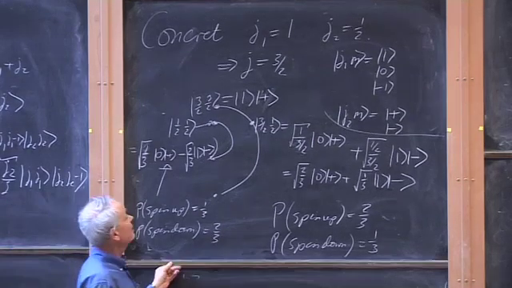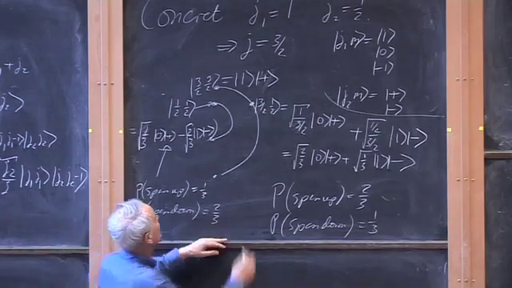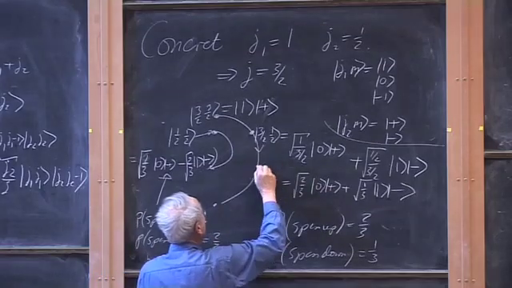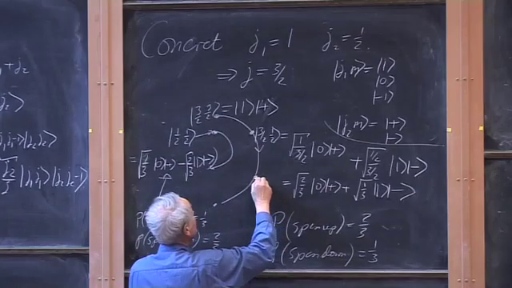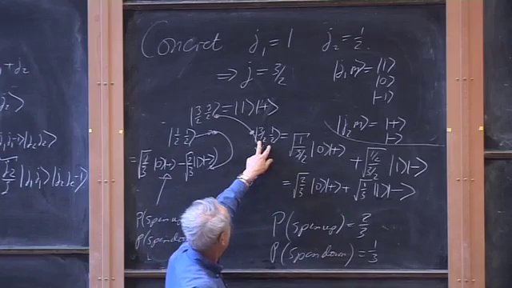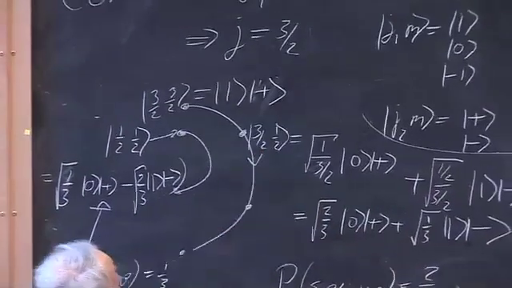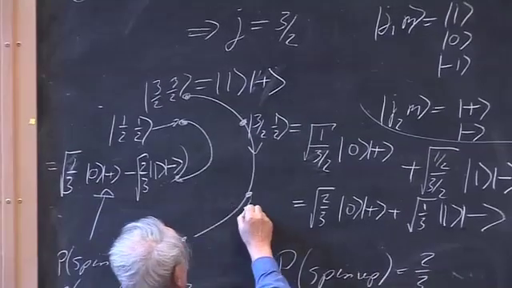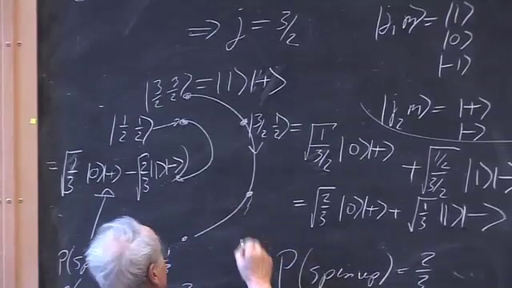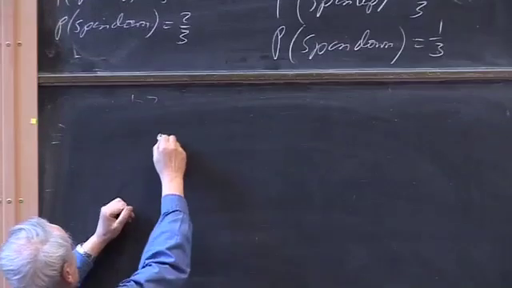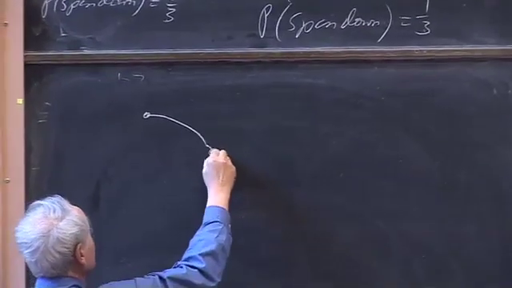It's an interesting exercise to apply the J minus operator here to generate this. So if we take this state and apply the J minus operator to it, on the left side we're going to get 3/2 minus 1/2, which is this state here. Let's just have a new diagram because we're running out of space there.